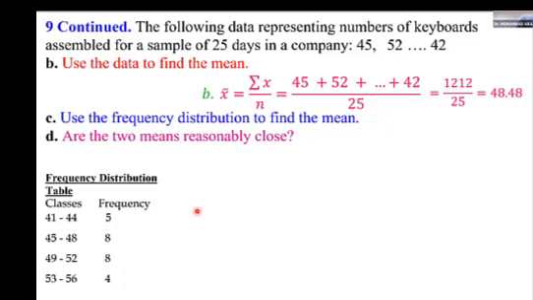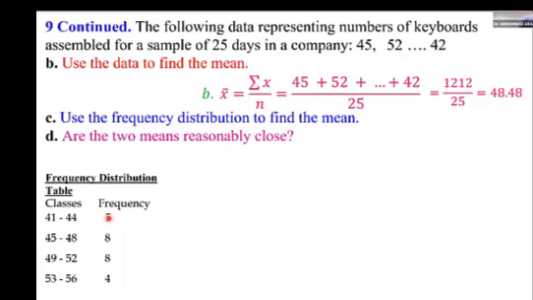You want to calculate the mean by adding everything up and dividing by size, but you don't have the individual pieces of data. That is the assumption here. So how would you calculate the mean? If you look at, for example, the first class, maybe all of them are 41, maybe all of them are 44, or somewhere in between, we don't know.